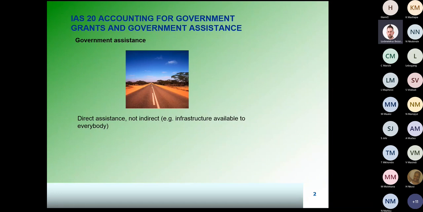So it's direct assistance where they give us the infrastructure or the building to do training. Or they can provide us with a piece of land that we can farm on. So it's not our property, it's not our asset, but they just provide us with assistance to help us to do something to help the community.